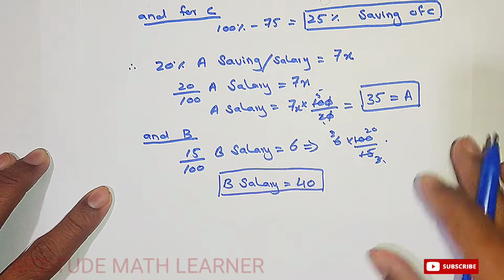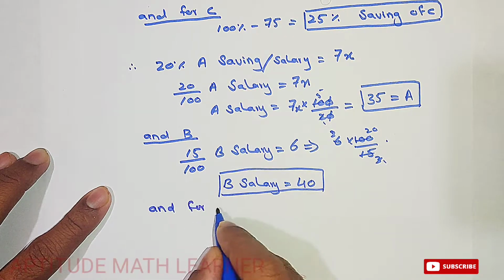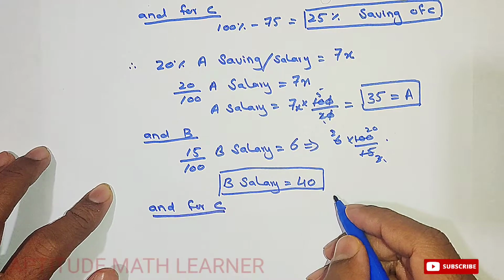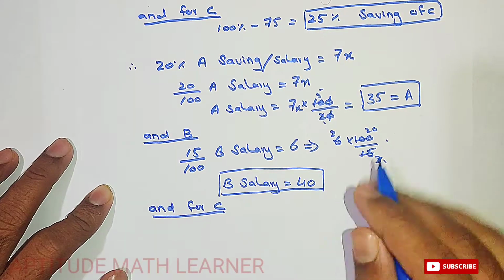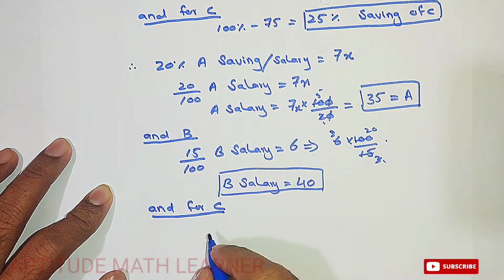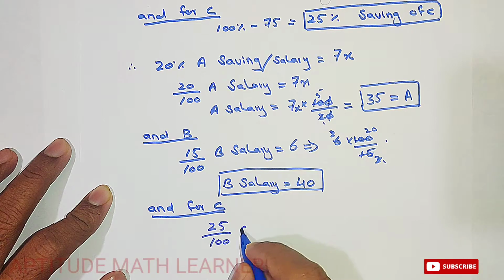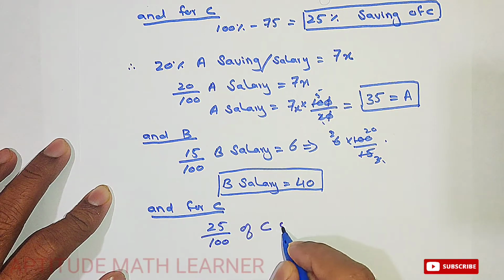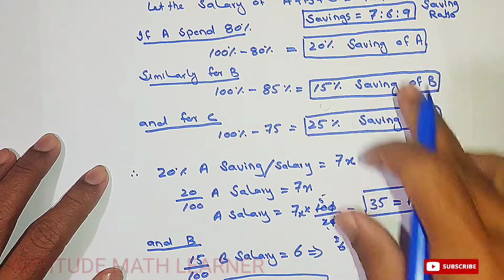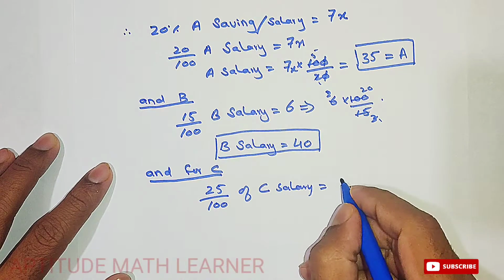And for C, the percentage of saving of C is 25%. Therefore 25% of C's salary is in the savings ratio 9.